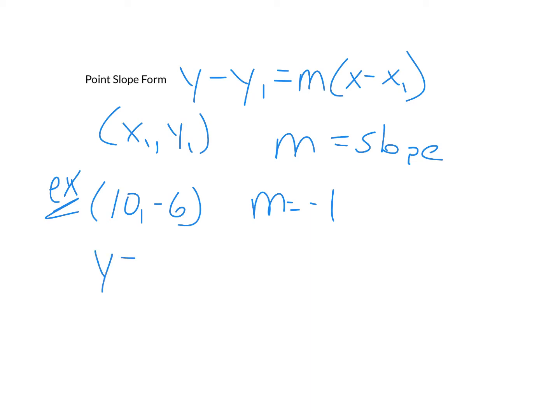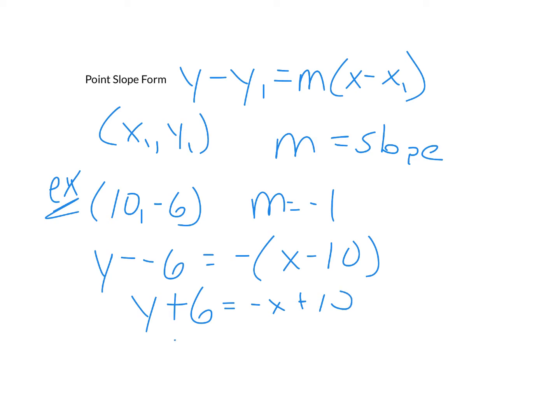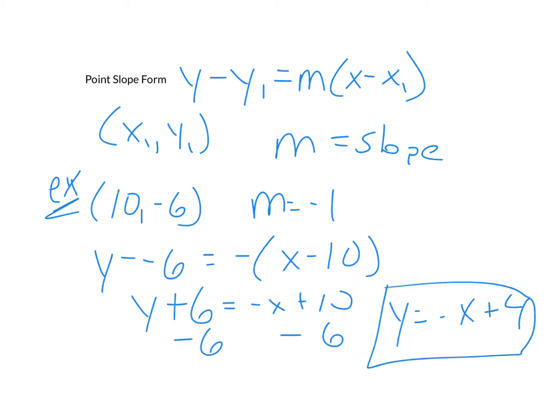We got y minus negative 6 equals negative 1 times the quantity x minus 10. Double negatives make it a plus right there, so y plus 6 is equal to, I'm going to distribute that negative sign to both terms, negative x plus 10. Subtract 6, y equals negative x plus 4. There is your slope-intercept form of the equation.